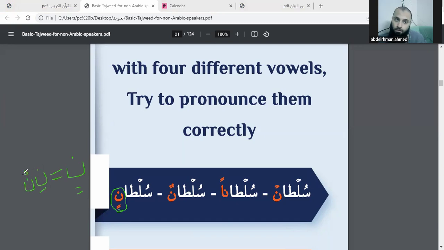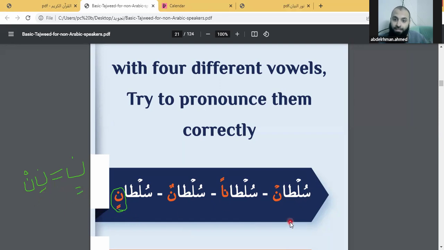Can you read this? This is nin and this is also nin. So why are noon sukun and tanween sharing the same rules? Because the tanween is already the sound of noon. The second vowel of the tanween, the second fatha, the second dhamma, the second kasra, is noon sukun. Nin, nin.